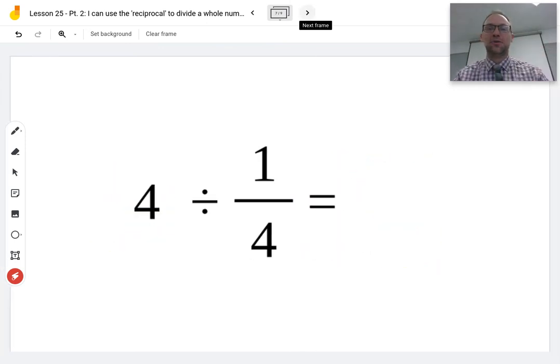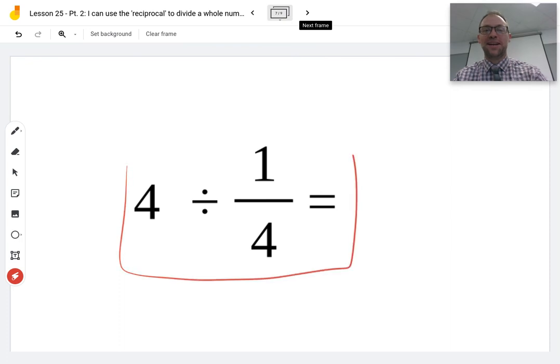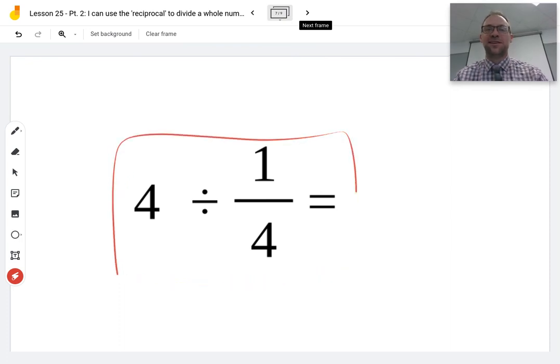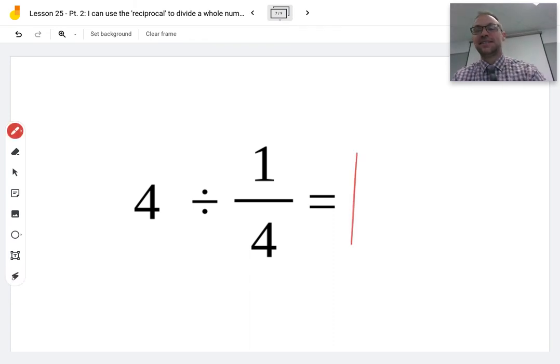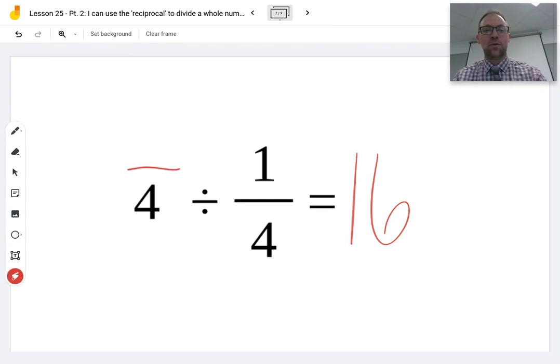Let's try one last problem. Here we have 4 divided by 1/4. What is the quotient? 16 is the quotient. We have 4 bars. Each bar is divided into 4 pieces. 4 groups of 4, or 4 times 4, is 16.